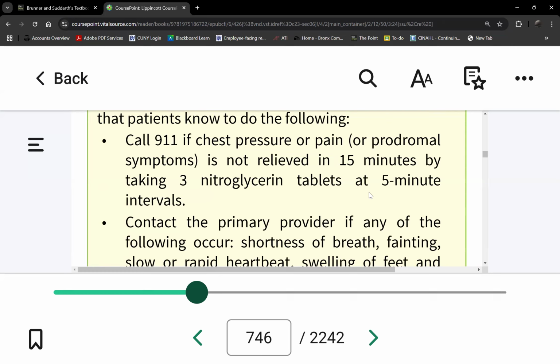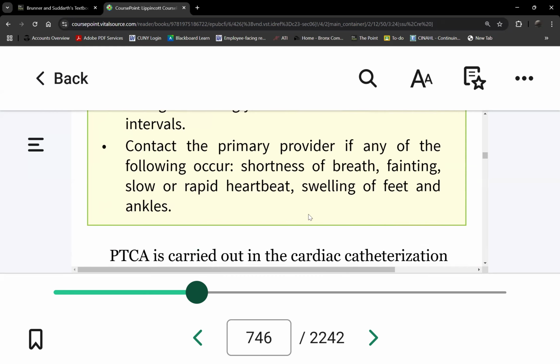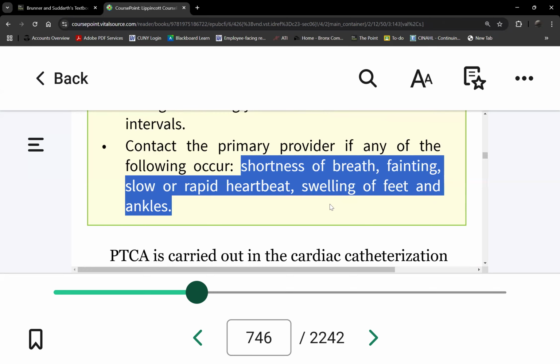Because what is angina again? Angina responds to nitroglycerin and rest. So after 1, call. And then, of course, after 5 minutes, take a second and then a third. And then call the provider with these. That means what's happening? What is the patient developing?